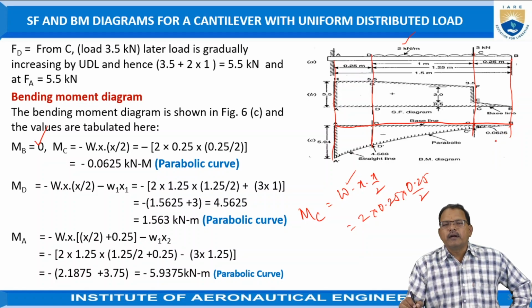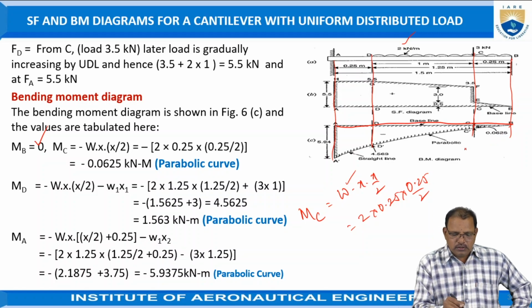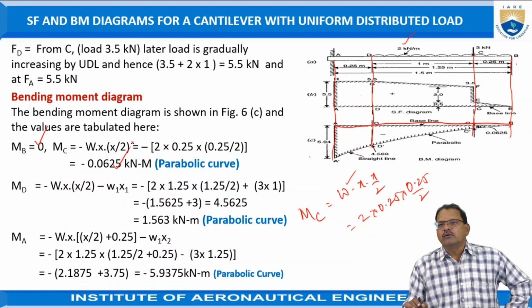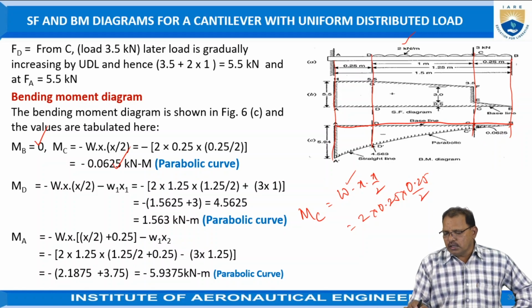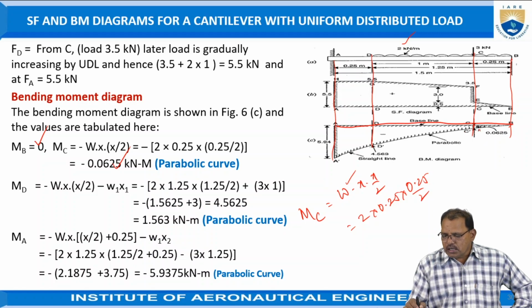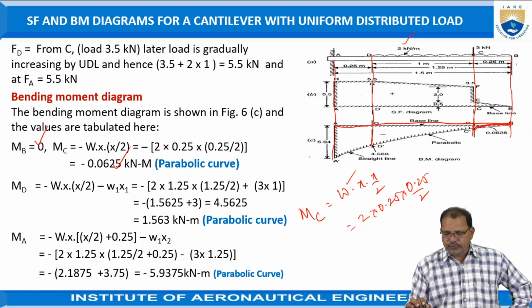This is equal to 0.0625. It is given negative because of hogging effect. Since it depends upon the square of the distance, represent 0.0625 according to the scale, draw vertical and downward directions and join the points by using a parabolic curve.